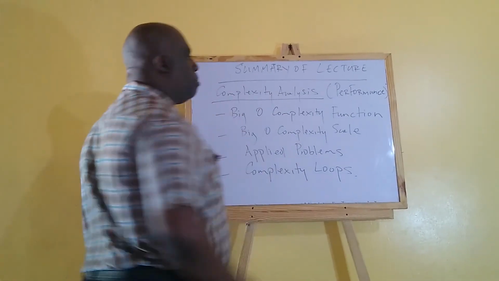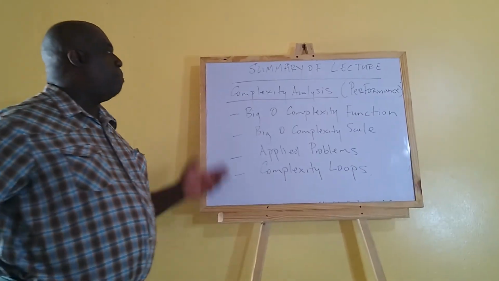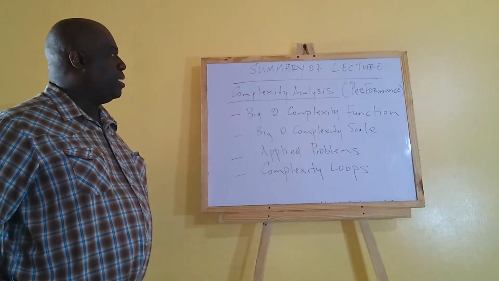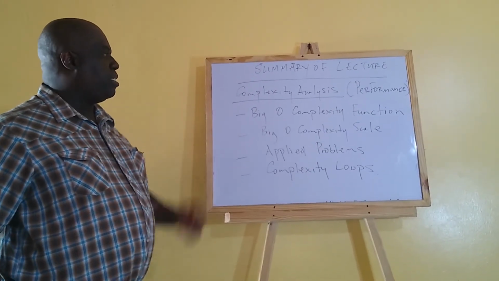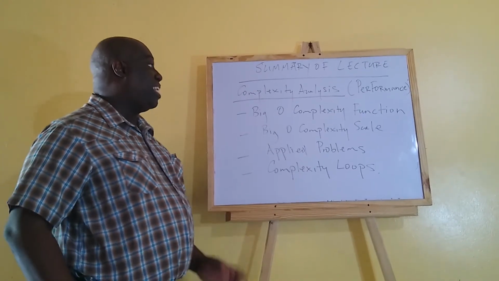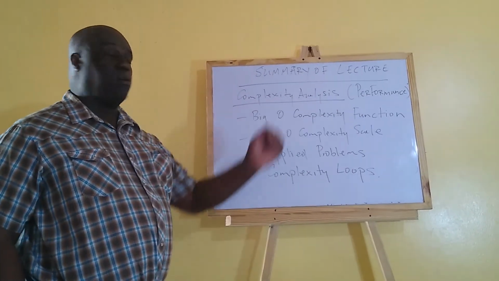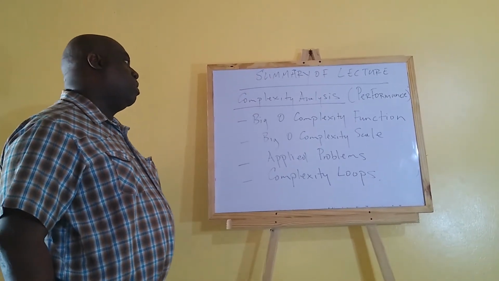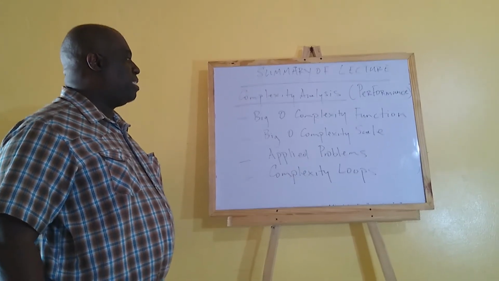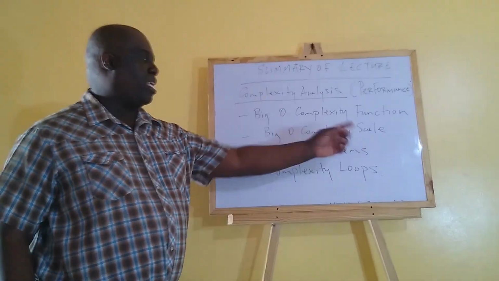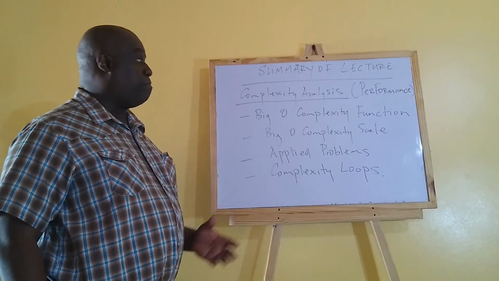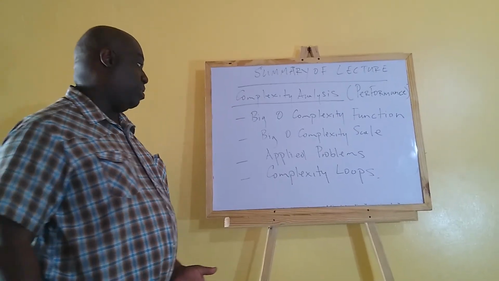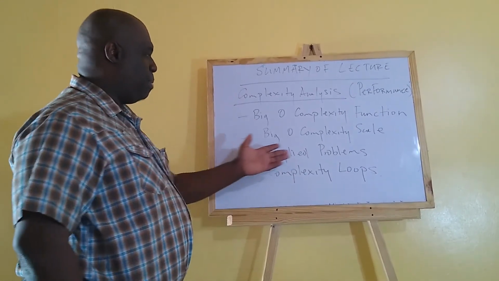So we have really come to the end of complexity analysis as a lecture. Just to summarize, this whole topic of complexity analysis in computing has to do with what we call performance computing. We use the complexity analysis based on function, based on scale, to evaluate the performance of various operations. What we did, we looked at some applied problems.